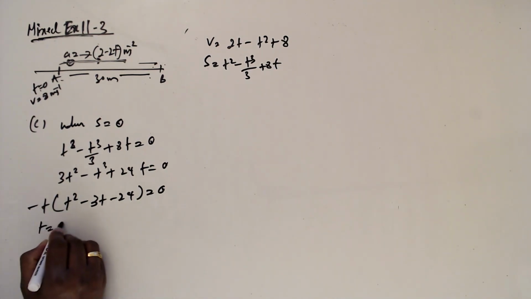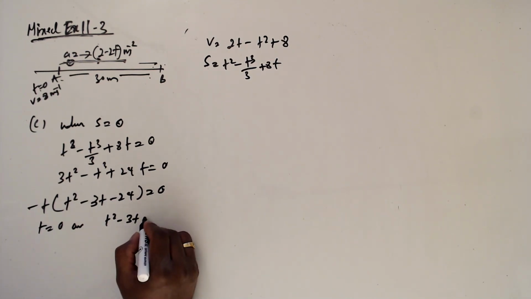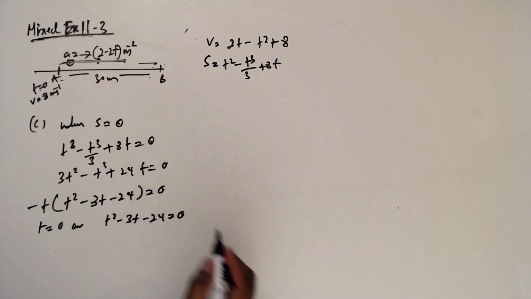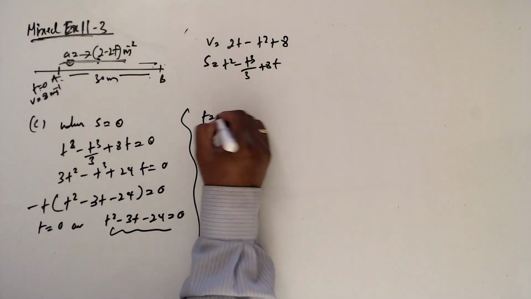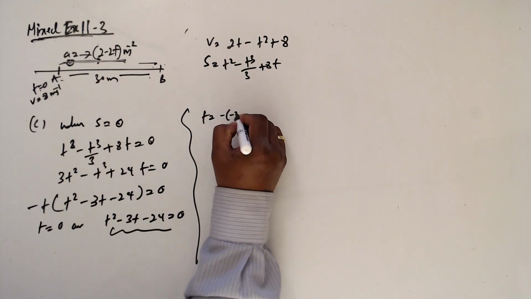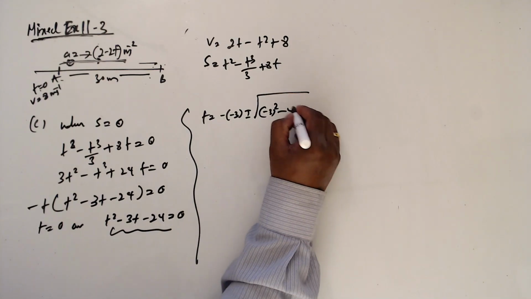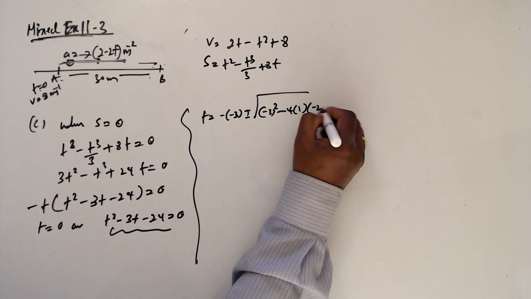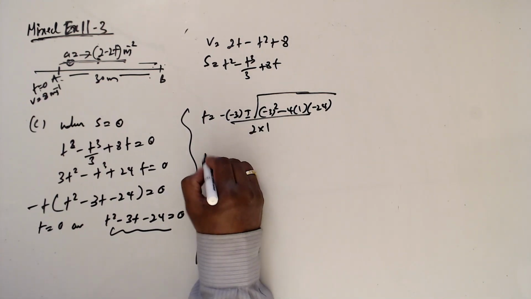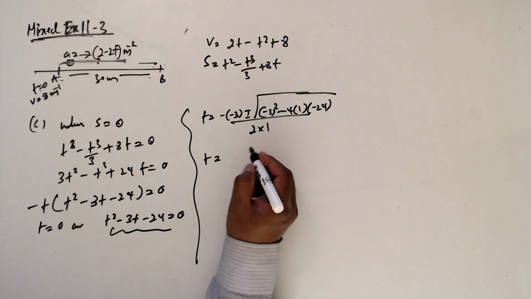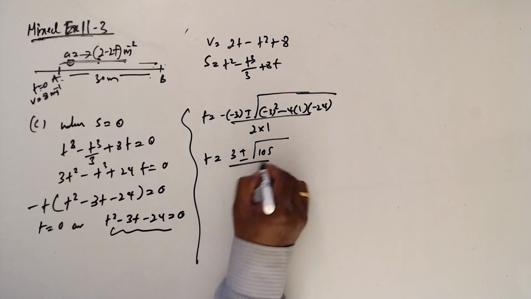Now from here we get t equals 0, or t square minus 3t minus 24 equals 0. Now we need to solve this one. t equals minus b plus or minus square root of b square, minus 3 square minus 4 times a is 1, c is minus 24, over 2 times a is 1. So t, we will get two answers, 3 plus or minus root 105 over 2.